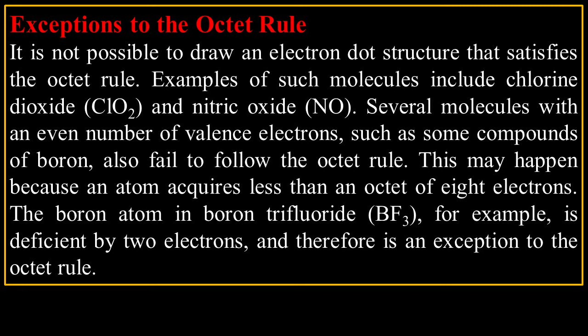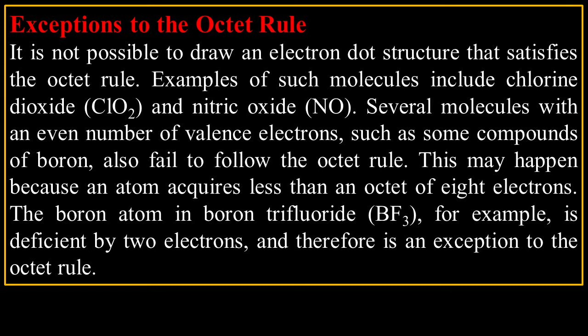Examples of such molecules include chlorine dioxide and nitric oxide. Several molecules with an even number of valence electrons, such as some compounds of boron, also fail to follow the octet rule. This may happen because an atom acquires less than an octet of 8 electrons.